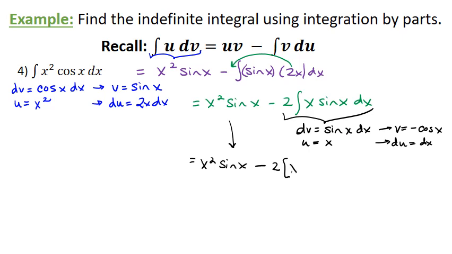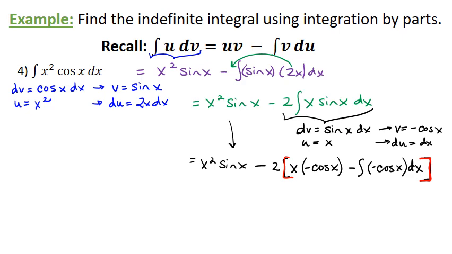So u times v minus the integral of v, negative cosine of x, du. All right, so I think it's helpful to ensure that whatever you just integrated is in brackets or parentheses, because you need to make sure to apply this negative to everything.